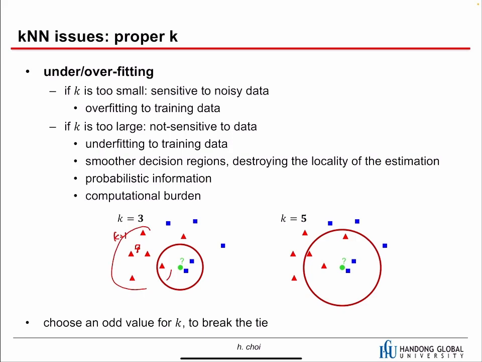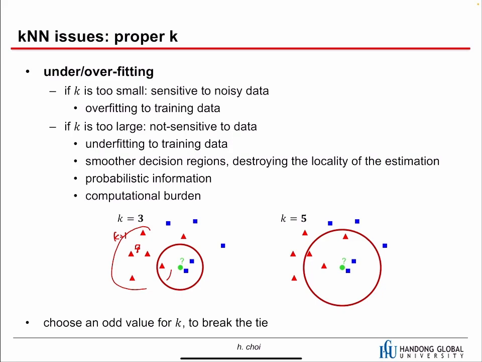So if k is too small, then it depends on the outliers. The training samples are noisy, so it will overfit to the training samples. If the training samples are slightly different, then the classification would be different.